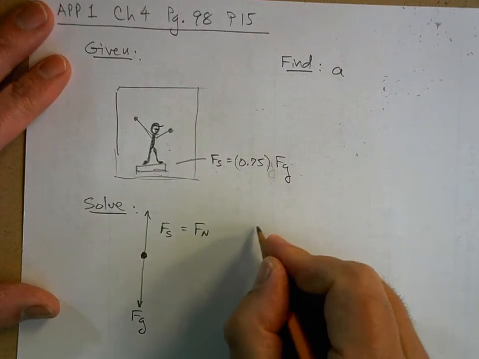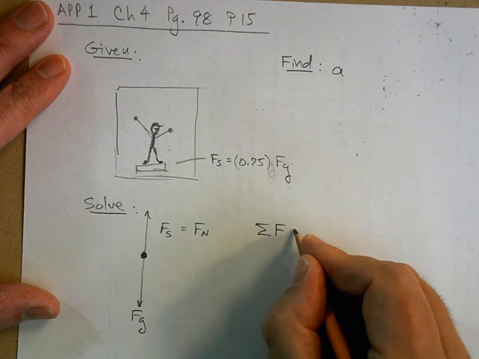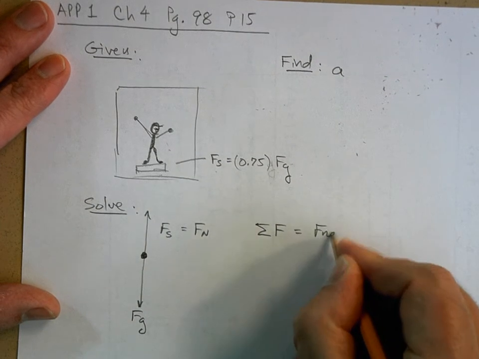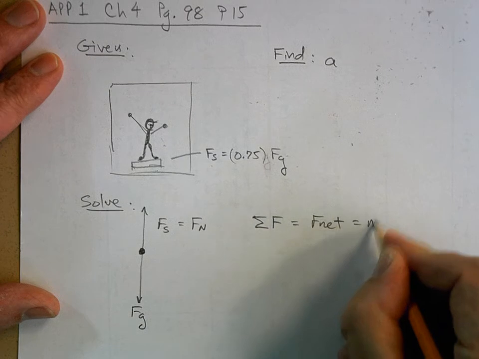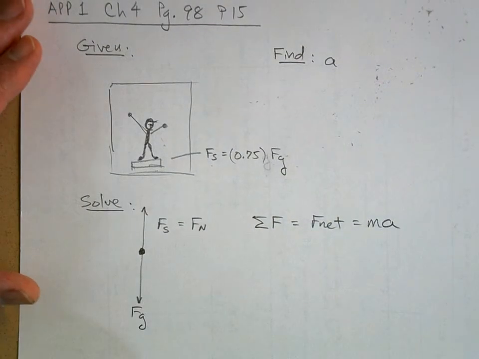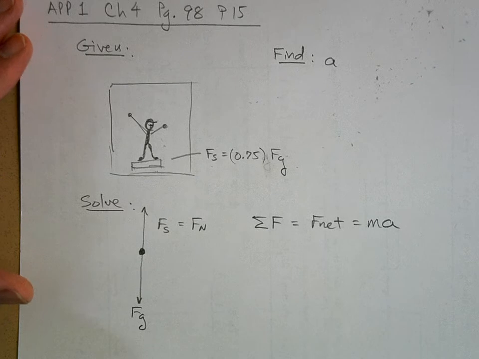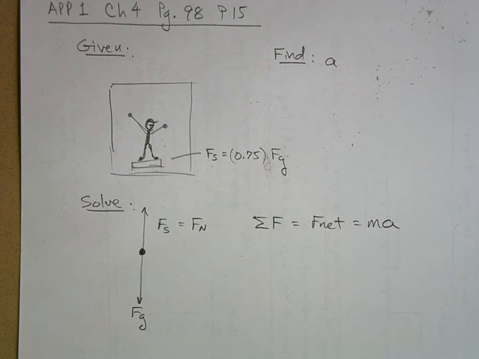Now, I also know that when I add up all the forces, I get the net force. And the net force is equal to the mass of the person times the acceleration. Right? Now, an impatient student would give up right now because they would say, well, I don't know the mass.